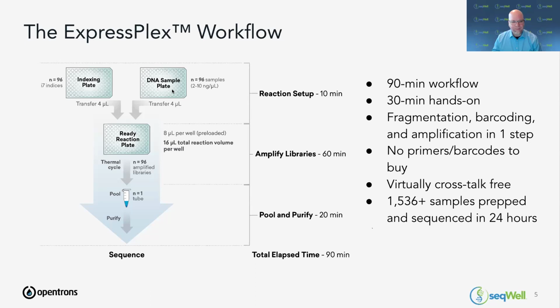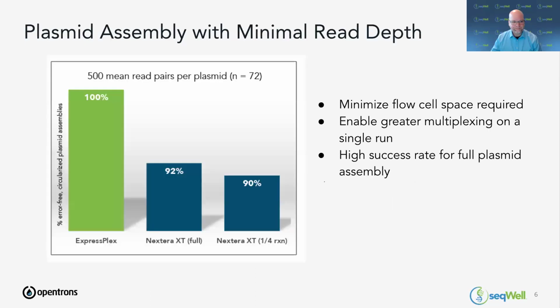You transfer 4 microliters of your DNA into the ready reaction mix. You transfer 4 microliters of the indexing reagent into there, and then you mix those, put them on the thermocycler for an hour, and at the end of that, you are simply pooling all of those samples into one tube and doing a single cleanup on a single tube to then move forward to your sequencing.